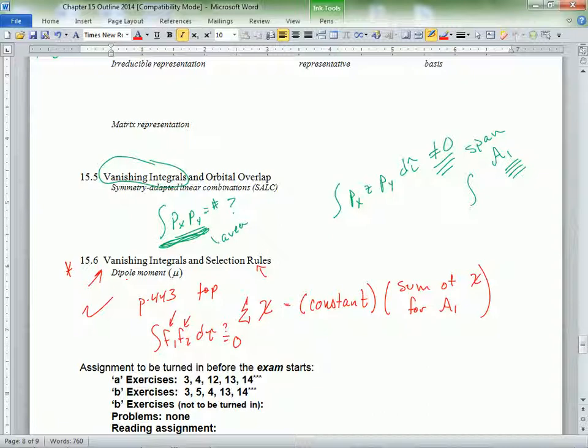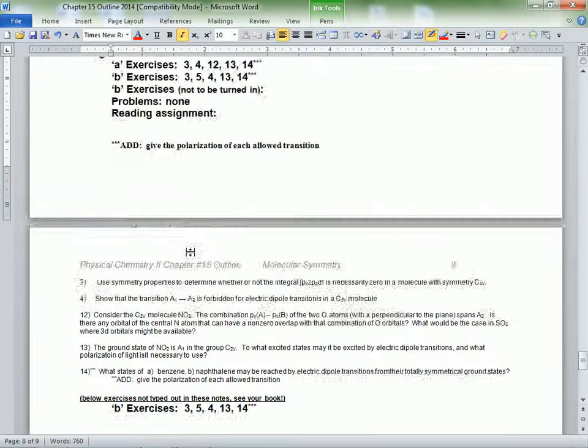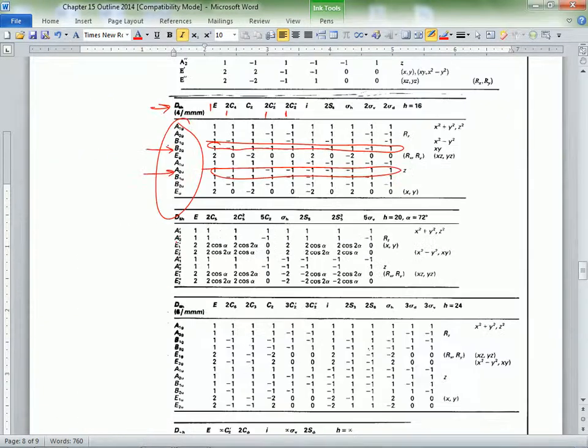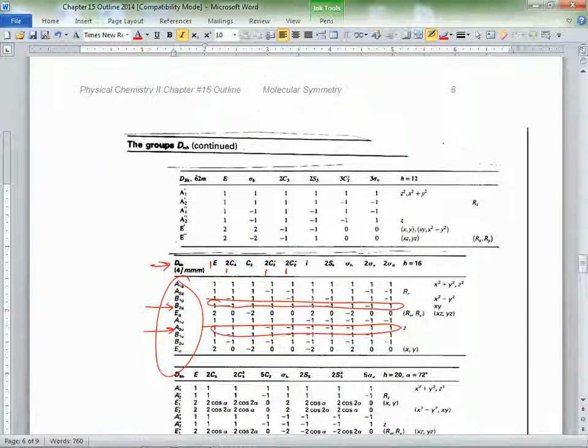Great, we got it. So if we refer to the character table of the group, let's take a look here. Let's find D3h and work this out. Here's D3h. We have 6 operations.